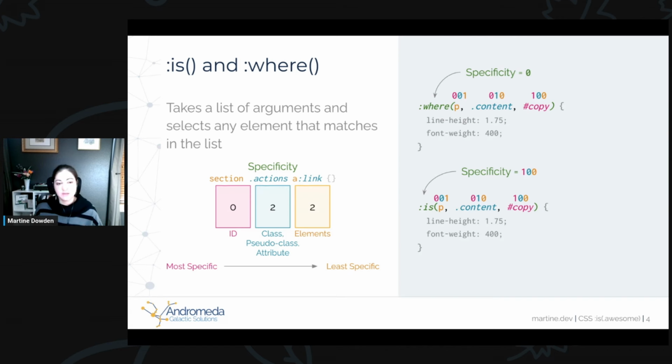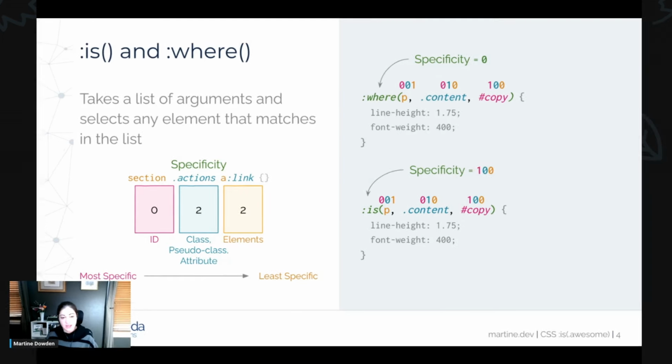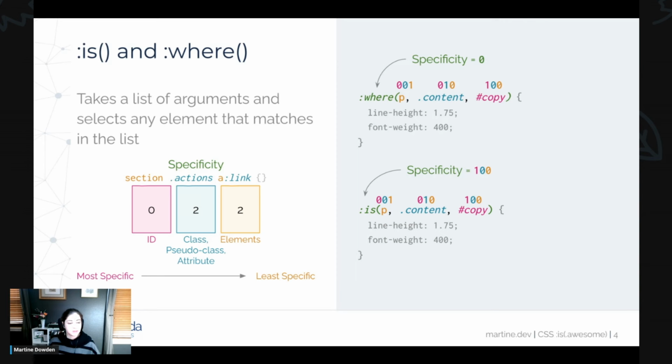Let's put :where and :is aside for 2 seconds and talk about specificity itself and how we calculate it, because I know that can be a difficult topic at times. It's sometimes hard to understand, but there's actually math behind it. If we look over here, we have 3 different pieces in our selector, and based on that, number values get attributed to them.